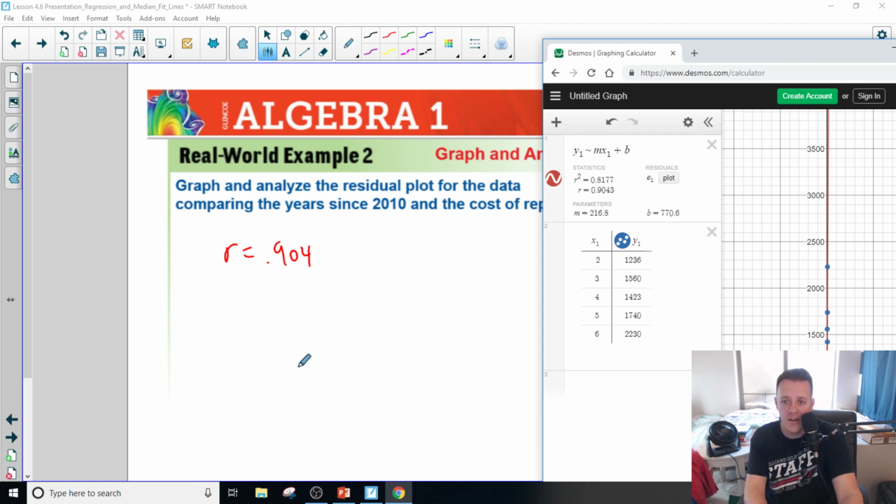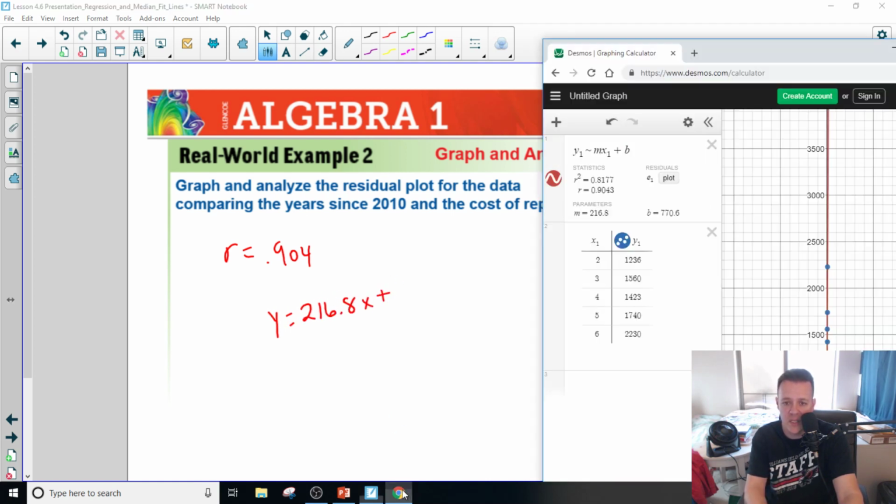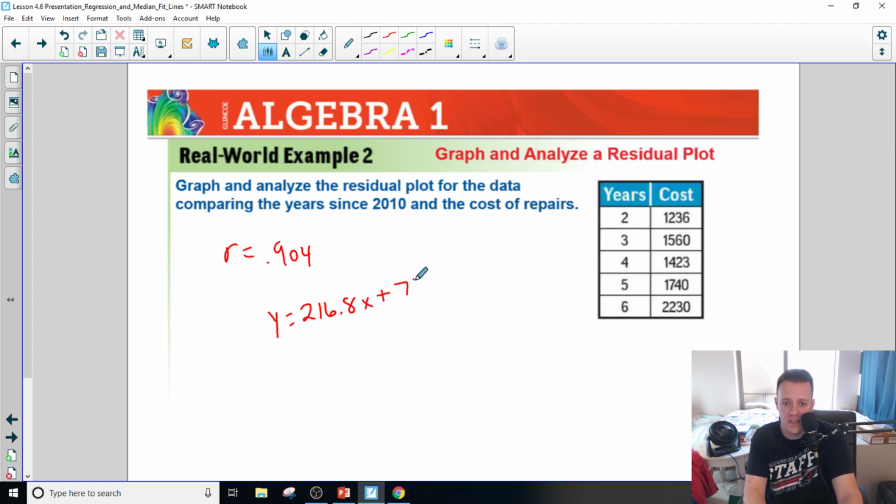Then my equation would be y equals m, which was 216.8x, plus 770.6. If I wanted to find out 8 years from 2010, I could plug 8 in for the value of x, and it would give me the estimated cost of what I need to start saving up for that year.